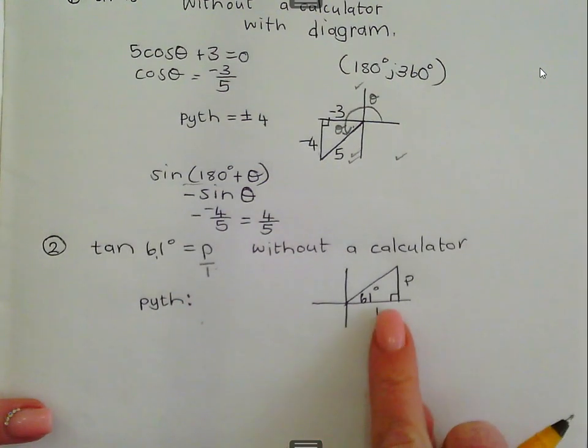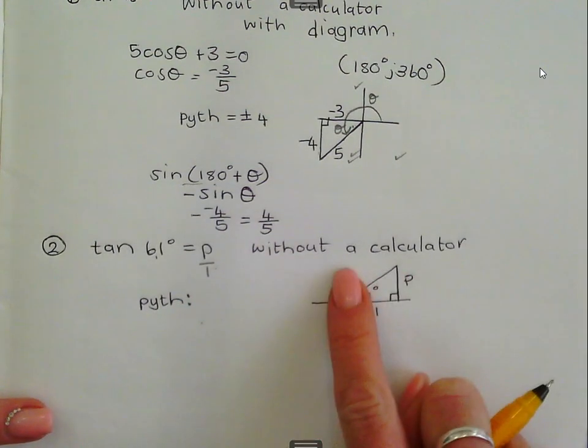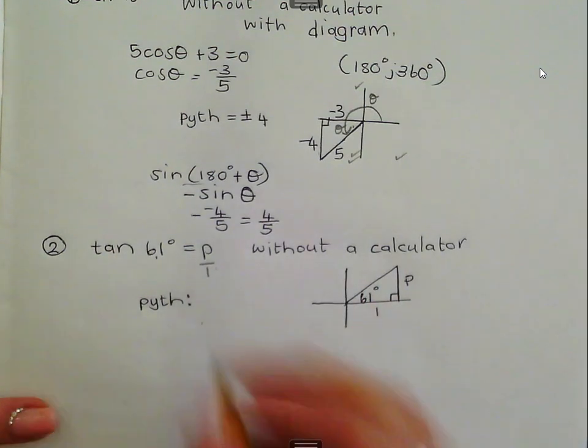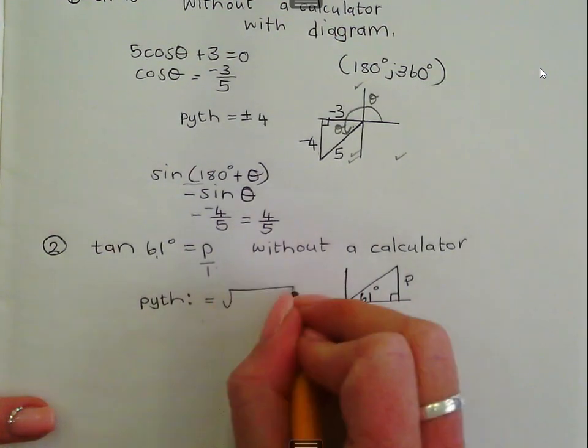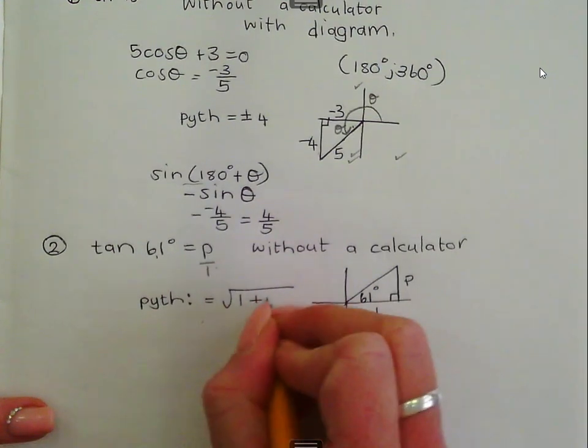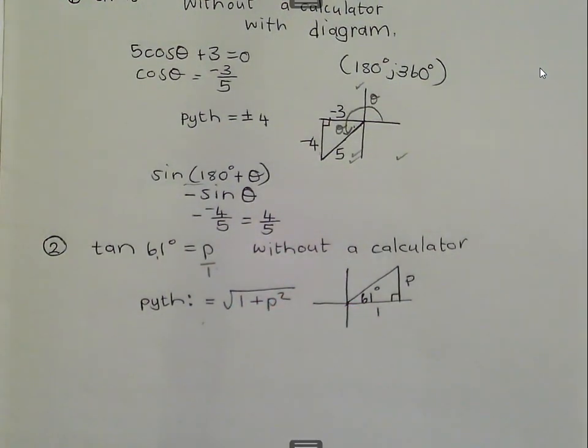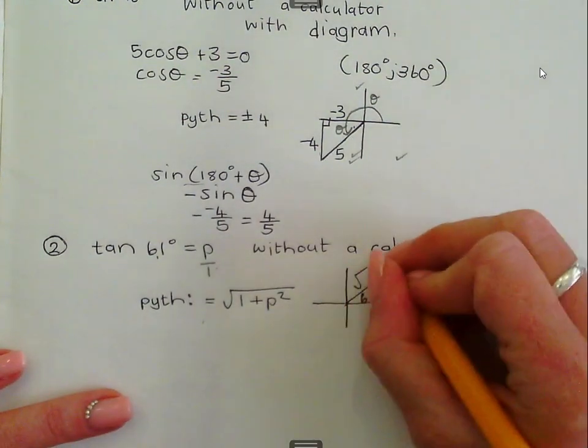And then with Pythagoras, I determine the third side. So Pythagoras is 1 squared plus p squared will be the hypotenuse squared. I don't want the square, I want hypotenuse. So therefore, it is the square root of 1 plus p squared. That's now the length of this side.